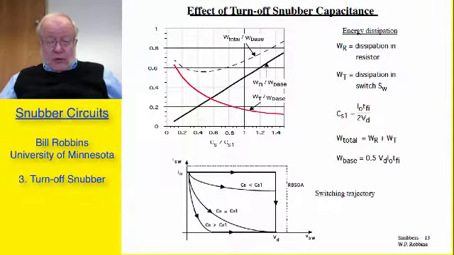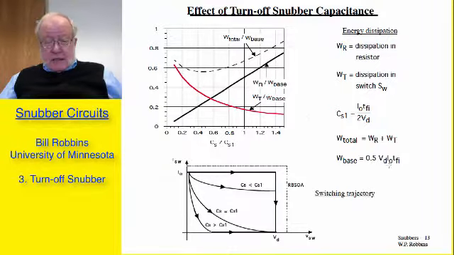The consequences of an overly large value are indicated here on the upper graph, where I'm plotting several normalized variables as a function of the capacitor ratio. The two important ones are the energy dissipated in the switch divided by a normalizing value that I call W base.